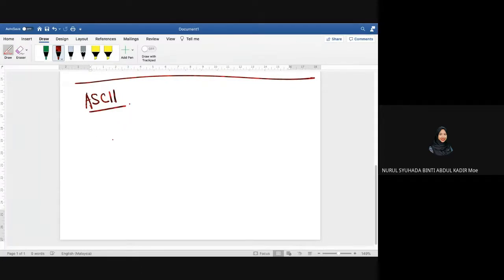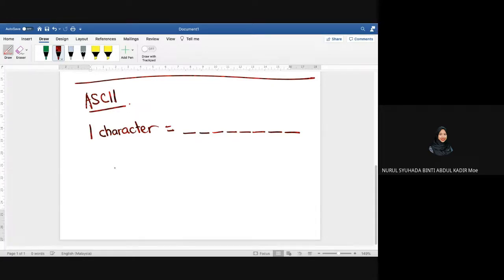Okay, maksudnya untuk satu karakter, for one character, it will have like 1, 2, 3, 4, 5, 6, 7, 8. You're gonna have like 8 blanks, okay, 8 bits.